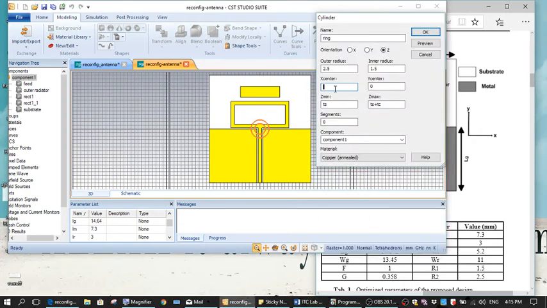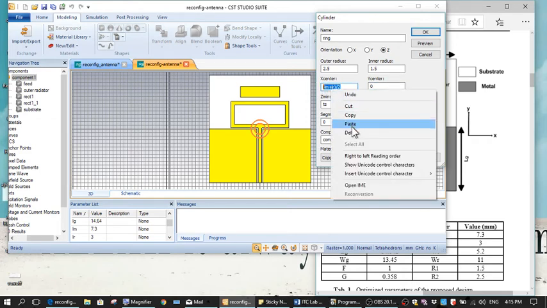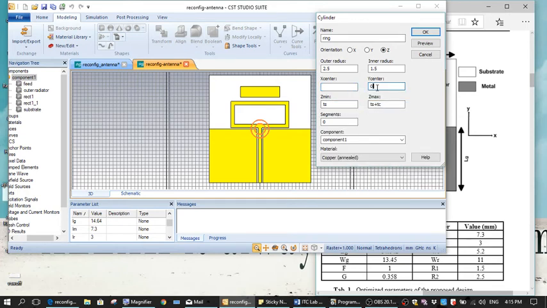Let's give it LM, not negative, it should be positive, LM plus LR by 2. The X center is good. We need to give a Y center. Let's preview it.